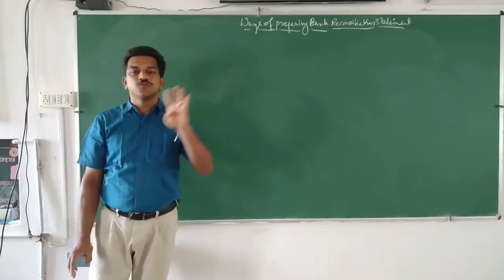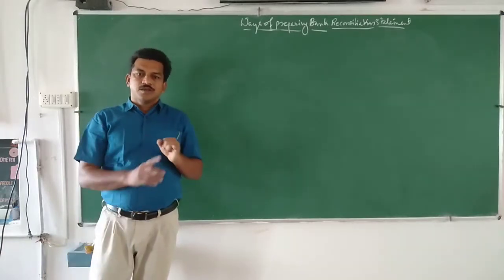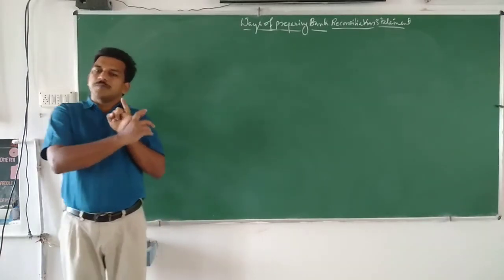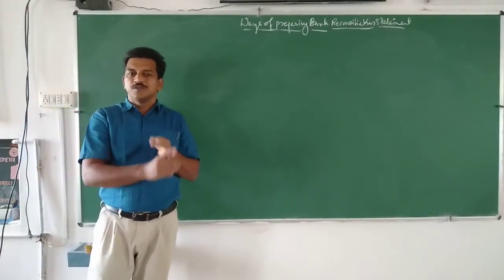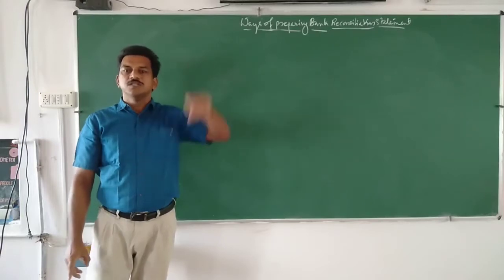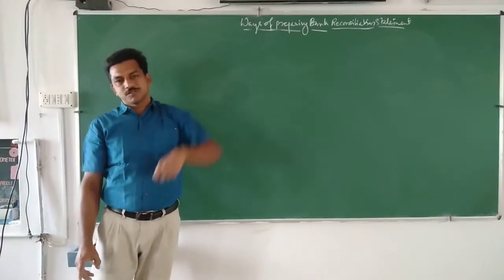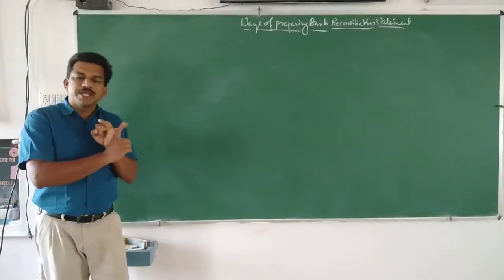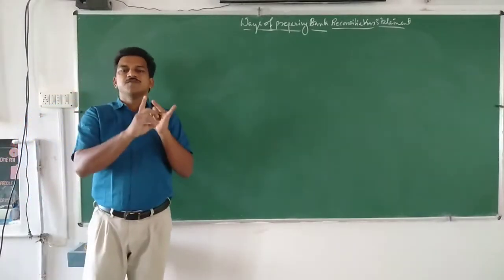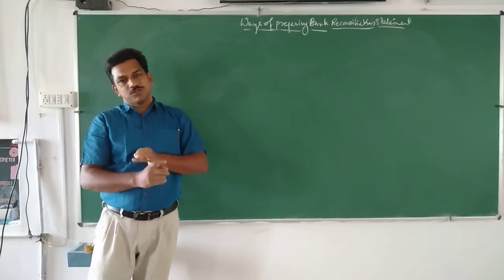For that there are four ways. We have the bank passbook and the cash book. A cash book will have a balance. So the first case is preparing a bank reconciliation statement with the balance as per cash book.